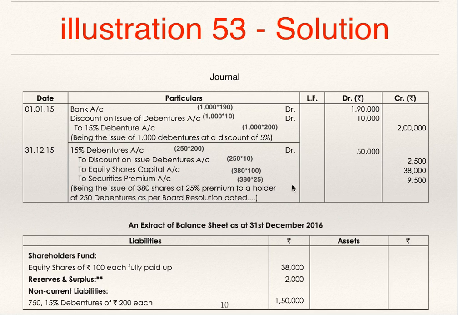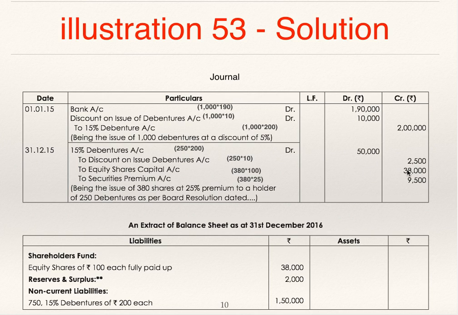You can split this entry like 15% debentures account debit 50,000, to discount on issue of debentures account 2,500, to debenture holders account. Debenture holders account will be 50,000 minus 2,500, which is equal to 47,500. And one more entry you can pass, debenture holders account debit 47,500, to equity share capital account 38,000, and to securities premium account 9,500.